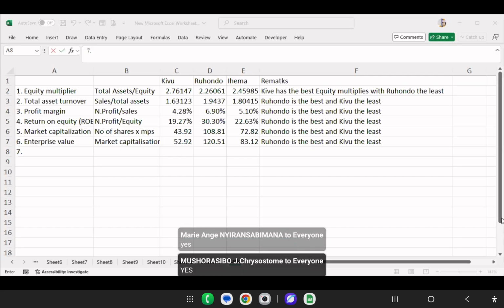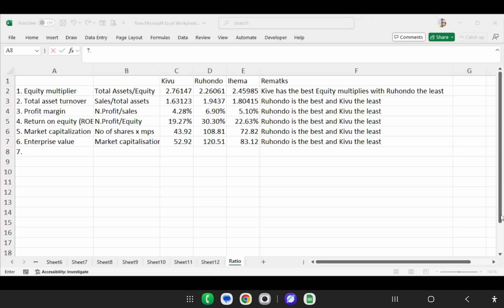Good, we are together. I've given the two formulas. The person asking whether capitalization is the same as the value of the firm: the value of the firm is given differently. The outstanding shares is the number of shares.